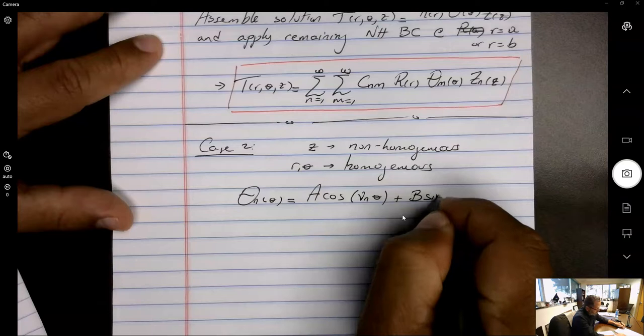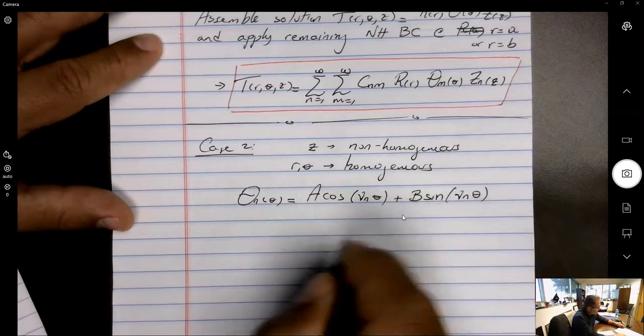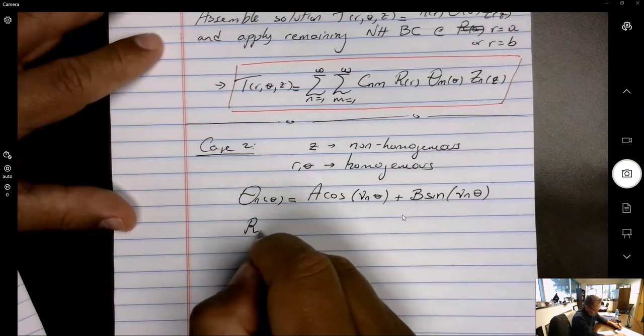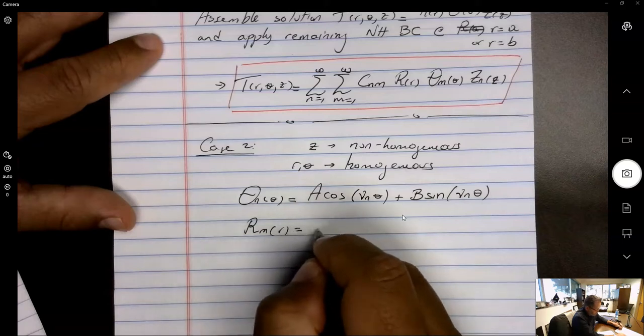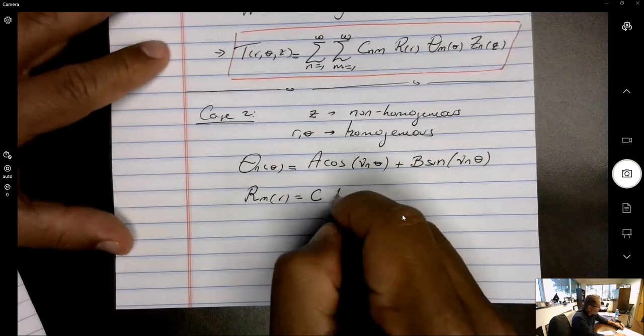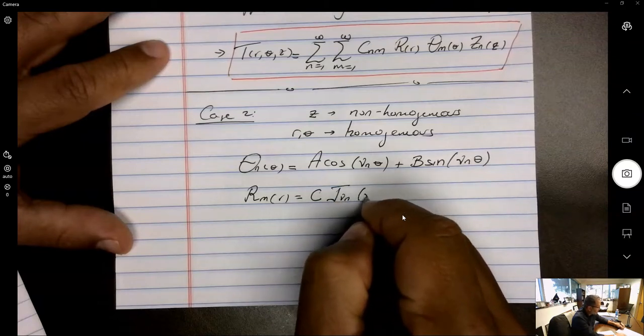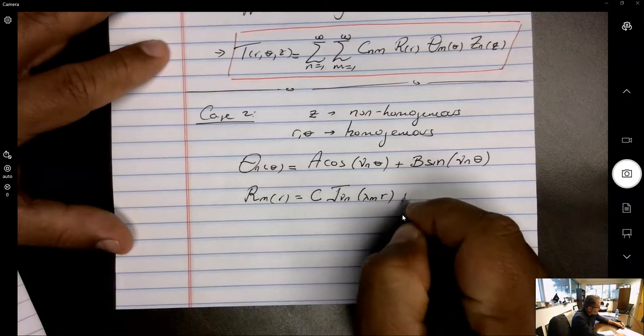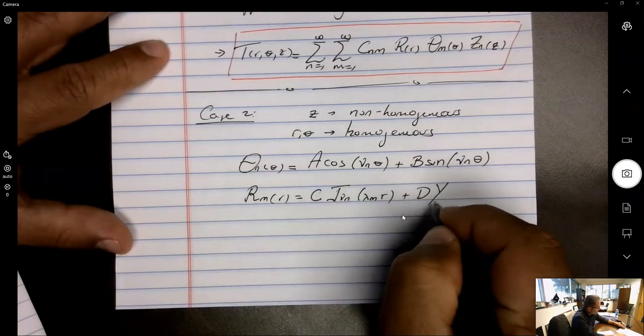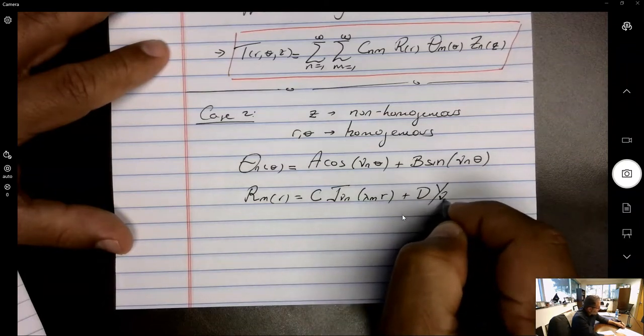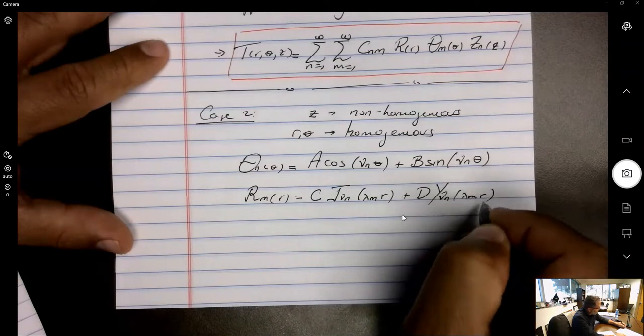Plus b sine of lambda n theta. R m of R will now be the Bessel functions of the first kind, not the modified Bessel functions, of order nu m, lambda n r, plus d times Y nu n of lambda m r.